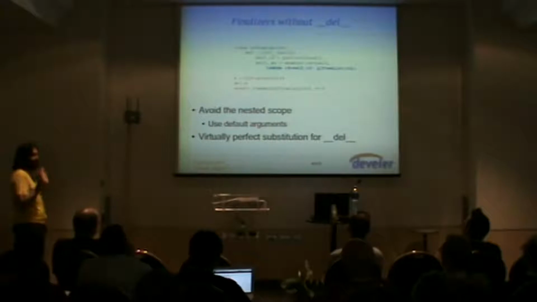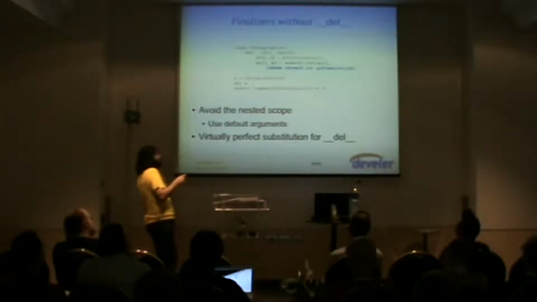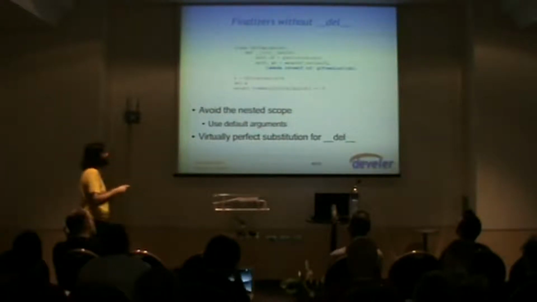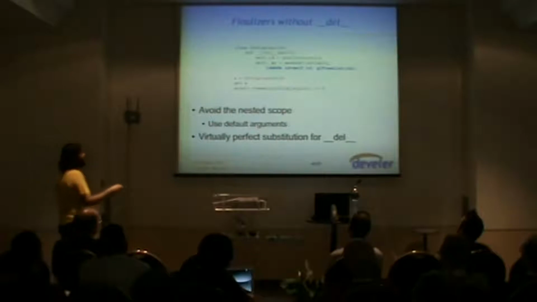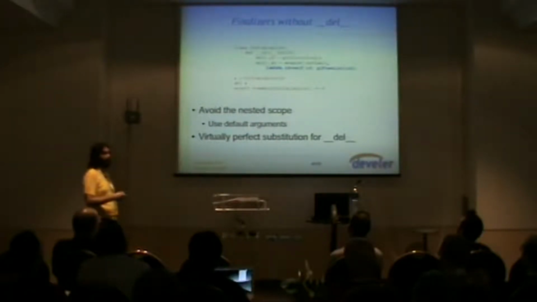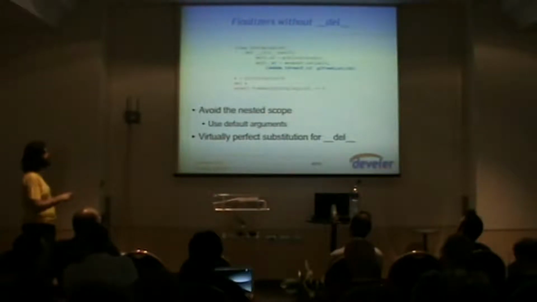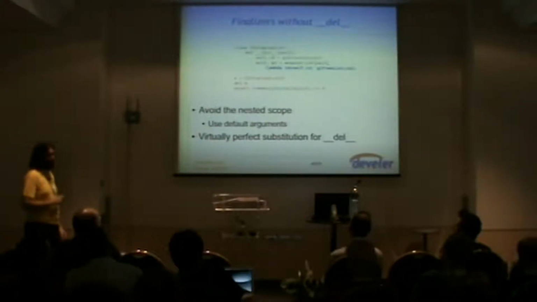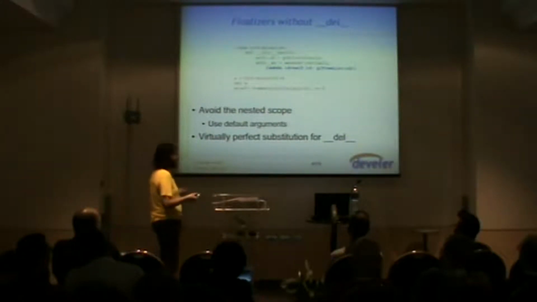So it doesn't have a nested scope anymore. There are no more references to the outside. It's just a normal, self-contained function. In this case, you don't have a cycle anymore, okay? And so this code behaves exactly like the original finalizer. This is a virtually perfect substitution for del.